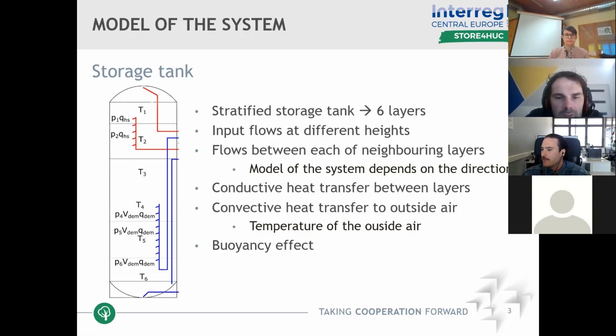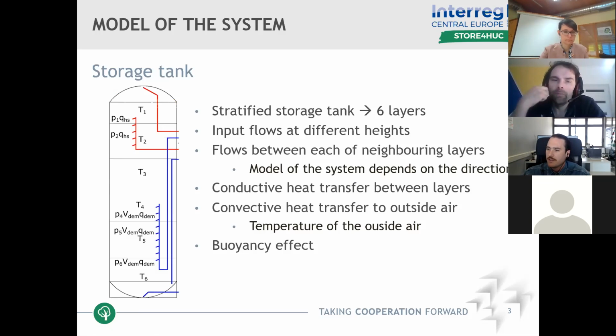We took into account the conductive heat transfer between layers and the convective heat transfer to the outside air. So this storage tank in Weiz is placed partially outside. We took as input to the module the outside temperature, which is measured. So we have the whole profile of this temperature. And we also took into account the so-called buoyancy effect.